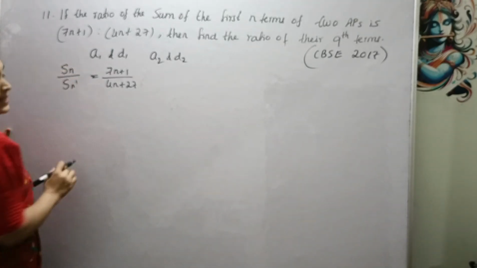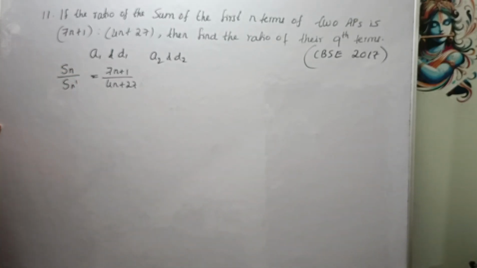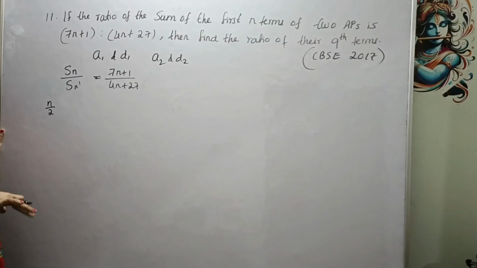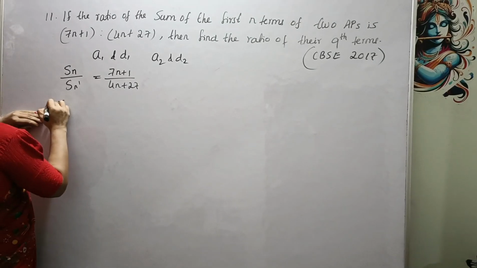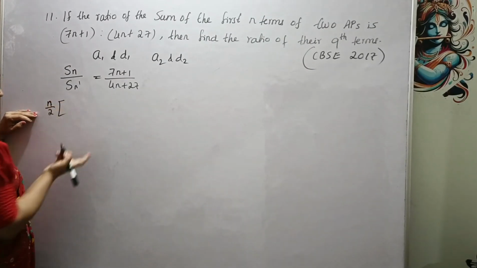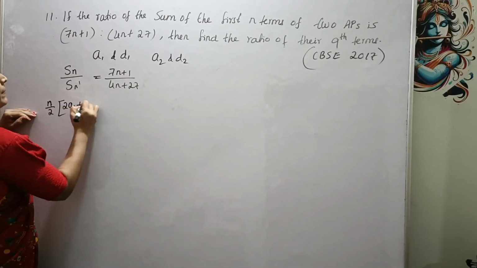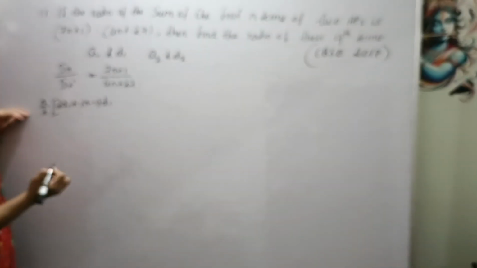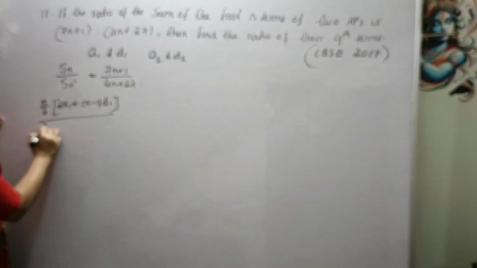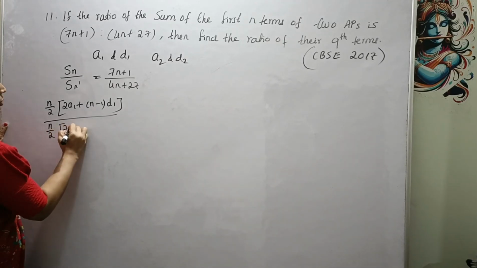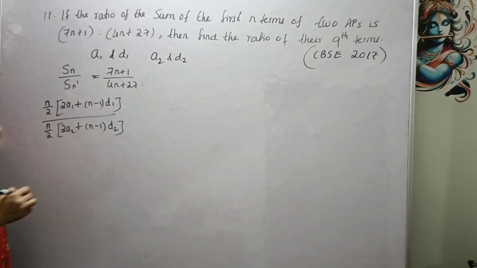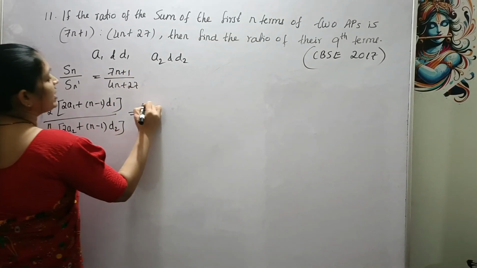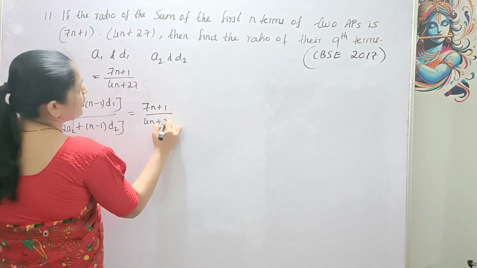After that, what is Sn? The sum of the first n terms of the first AP is n by 2, and n is n itself because it is given as the sum of the first n terms in both APs. So n by 2 into 2a1 plus n minus 1 into d1, divided by n by 2 into 2a2 plus n minus 1 into d2, is equal to 7n plus 1 divided by 4n plus 27.